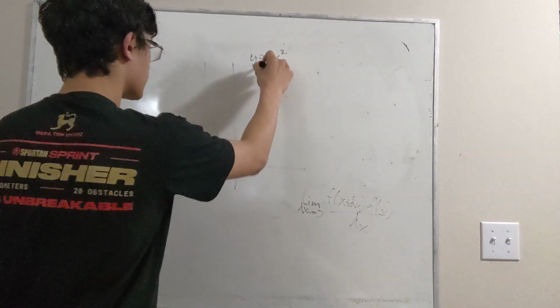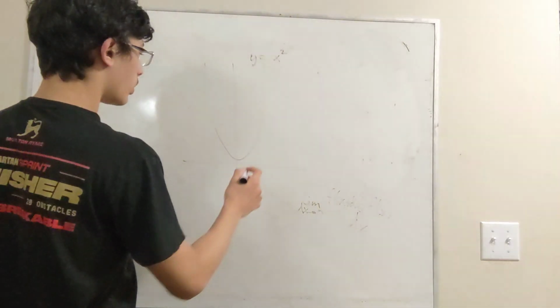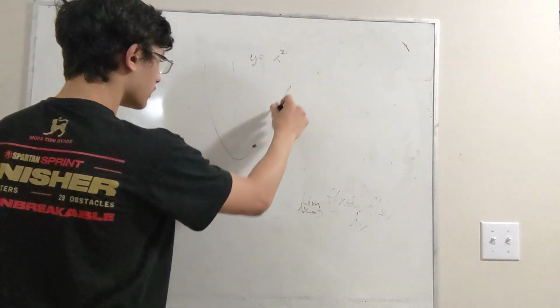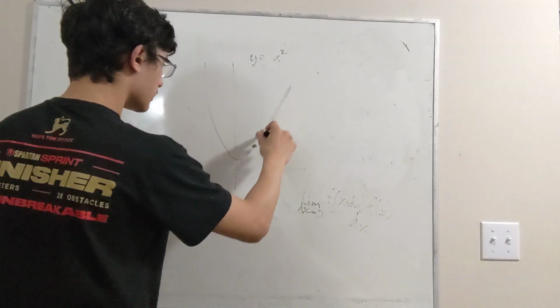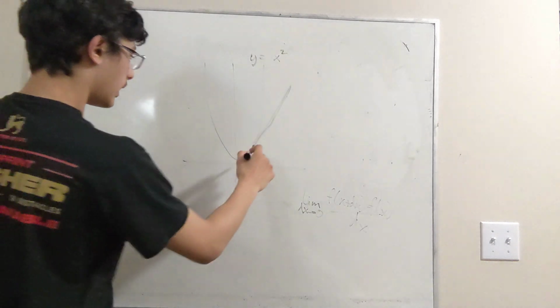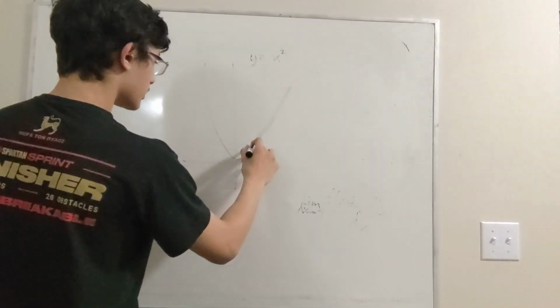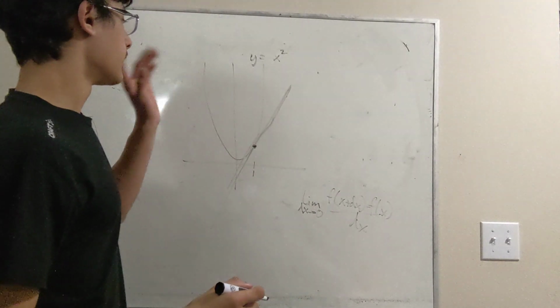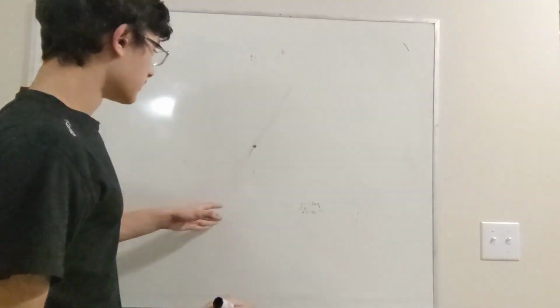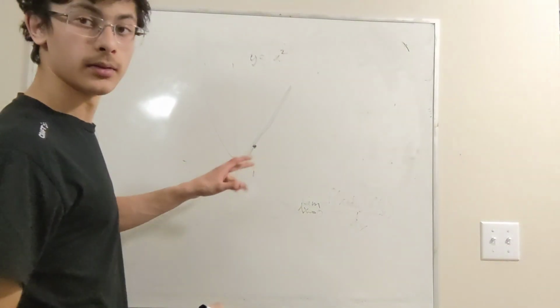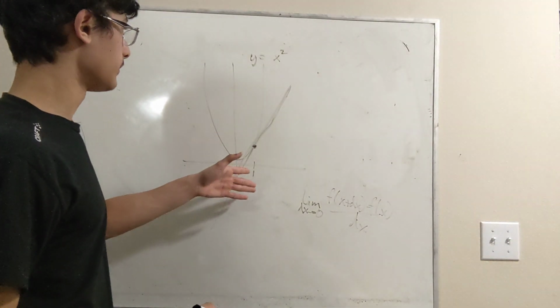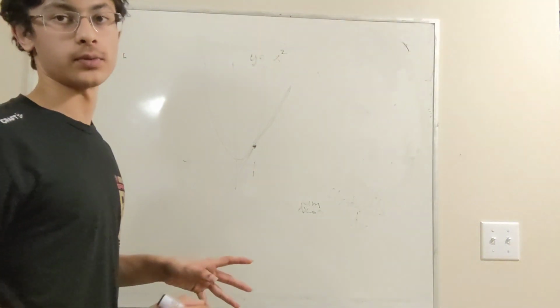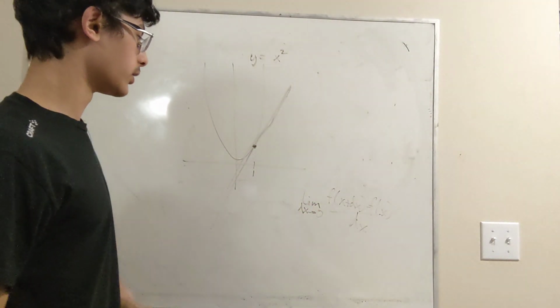It's going to look something like this. And now let's say we want to find the slope of the line at this point, and let's say this point is x equals 1. So we want to find the slope of the line at the point 1 on the graph y equals x squared.